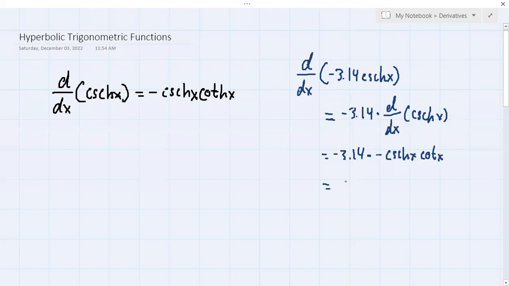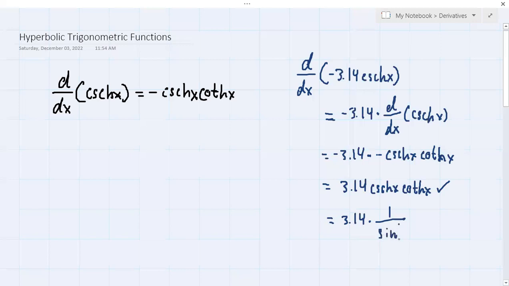Ayan na. So, multiply together, positive na to. So, we will have positive 3.14 times cosecant hx times cotangent hx. Hx pala to guys, sorry. Ayan. So, pwede to, or you can still simplify this one. So 3.14 times 1 all over sine hx times cosine hx all over sine hx.